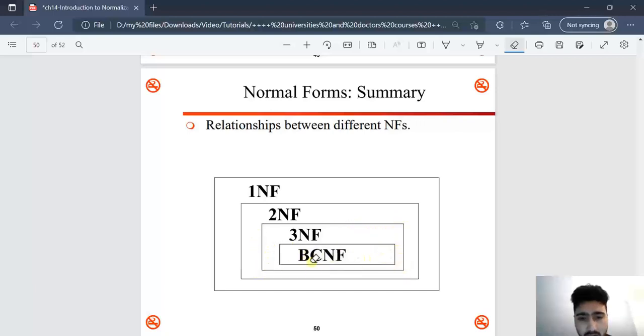So if you are in BCNF, then you achieve all the conditions for 3NF, 2NF, and 1NF. This figure is a summary of the relationships between the different normal forms.